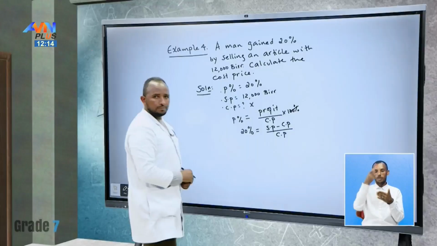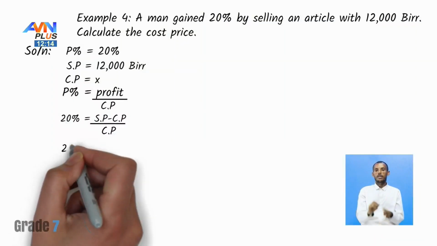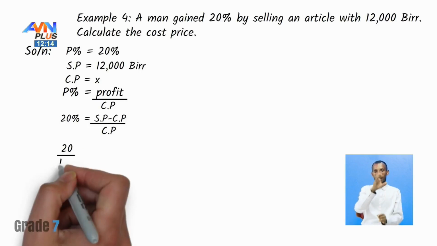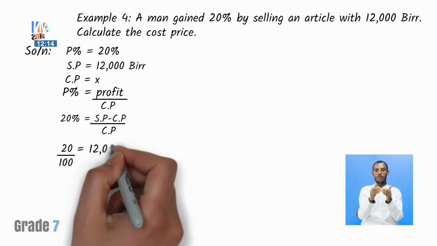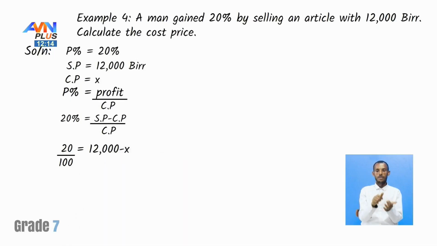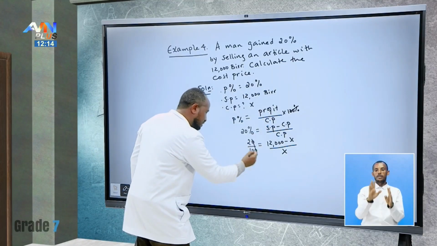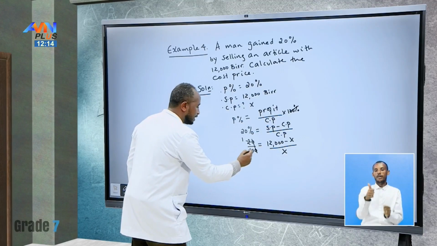This is the equation. So, 20% in fraction form is 20 over 100. This will be equal to the selling price, this 12,000, minus the cost price we don't know, divided by cost price. So let's simplify this expression. You can cancel 0 by 0. This by 2 is 1. This by 2 is 5.